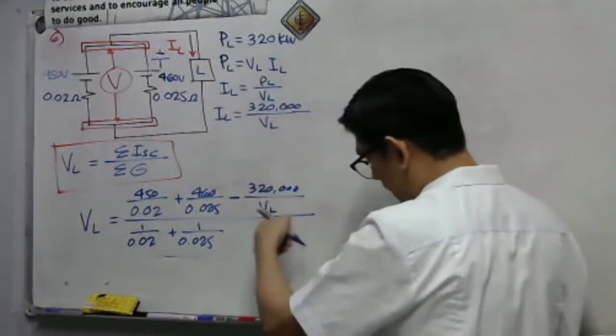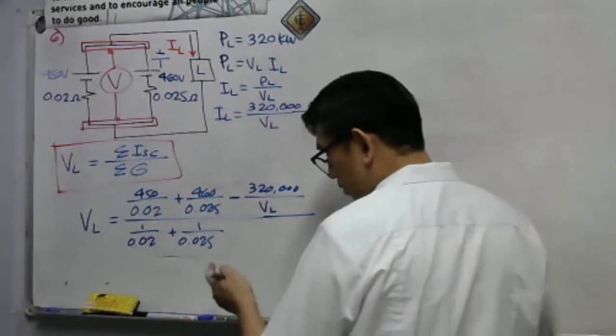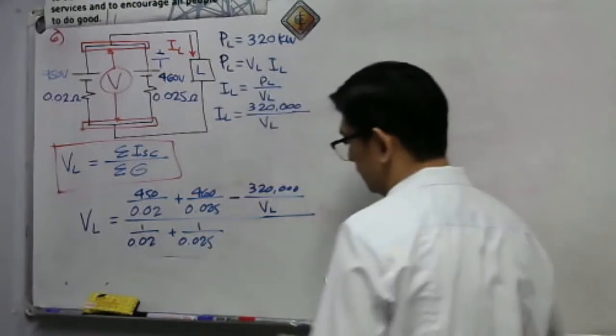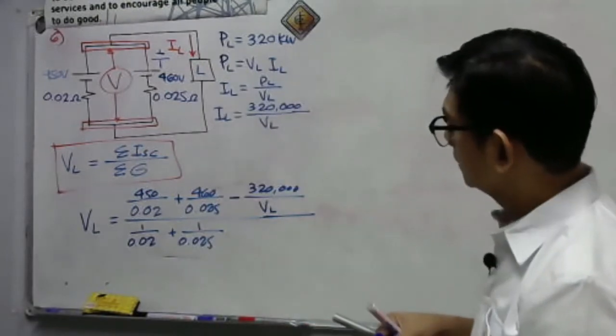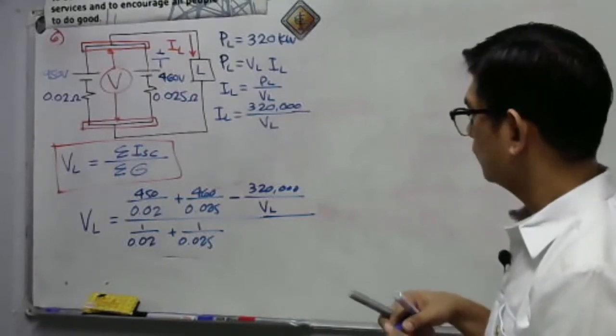So this is just a current. There will be only one unknown here. So only one unknown is left in this equation.